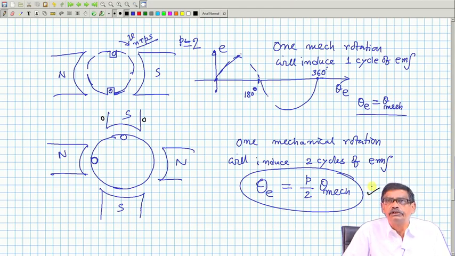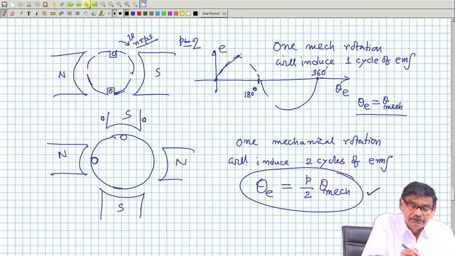After all, induced EMF is BLV, velocity of the conductor will remain the same, and therefore, the nature of the induced voltage will be the same as the nature of the B distribution along the air gap.